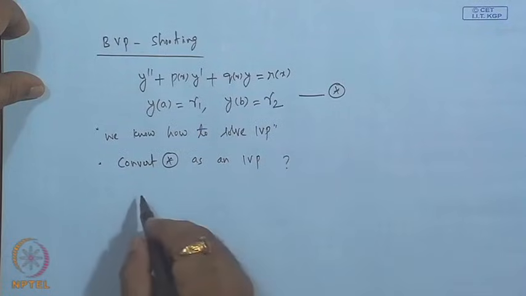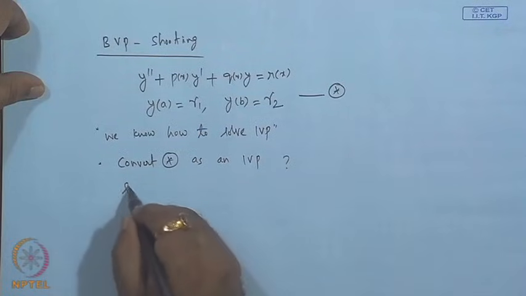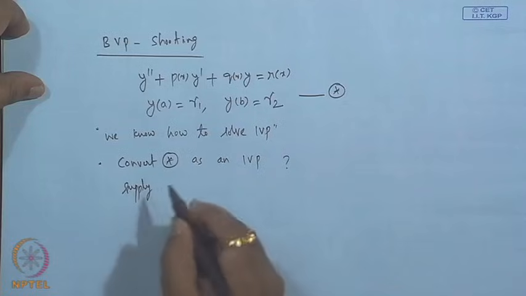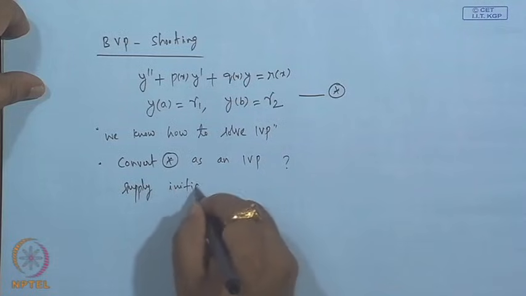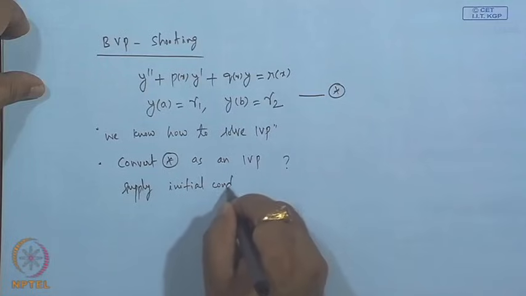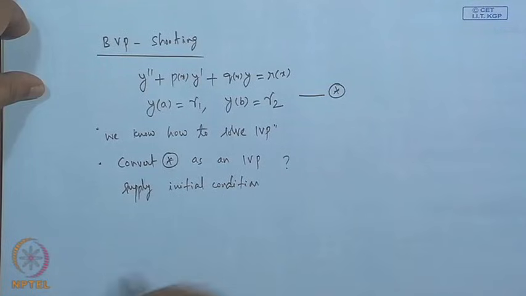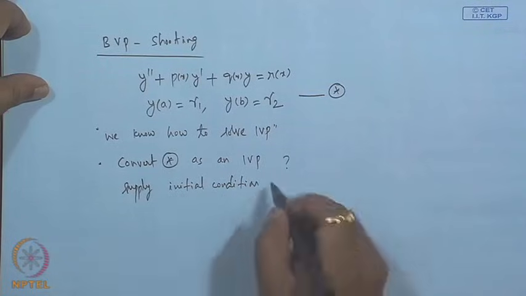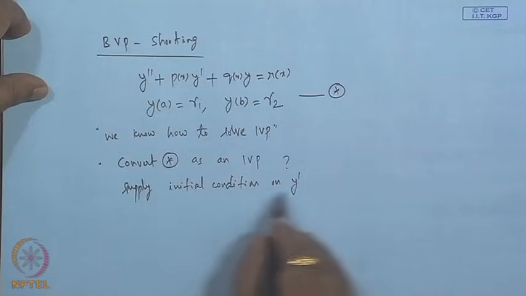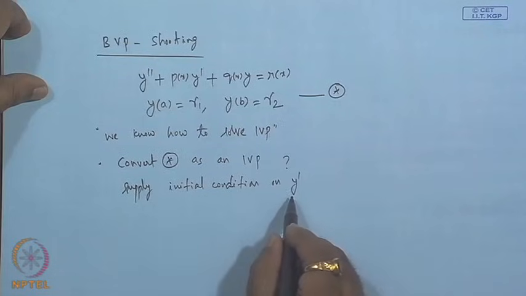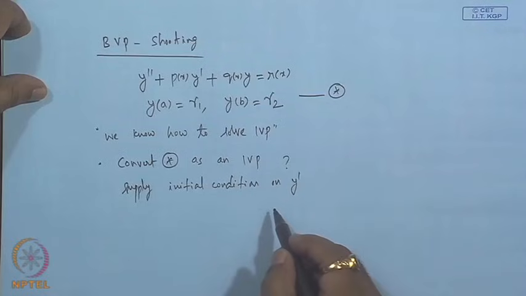How do we supply the initial condition? Why do we have to supply an initial condition on y dash? Because already we have y of a. If you supply an initial condition on y dash, then this boundary value problem can be converted to an initial value problem.